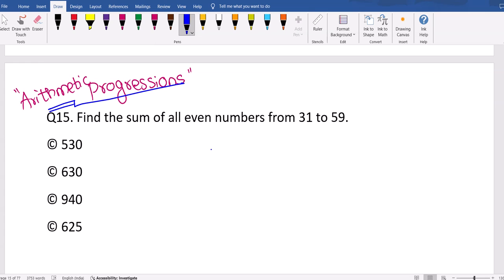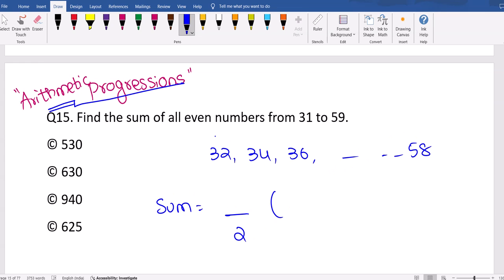This is an AP: 32, 34, 36, and so on up to 58. These are all in arithmetic progression. The sum of terms is number of terms divided by 2 into first term plus last term. First term plus last term is 90, divided by 2, 45.